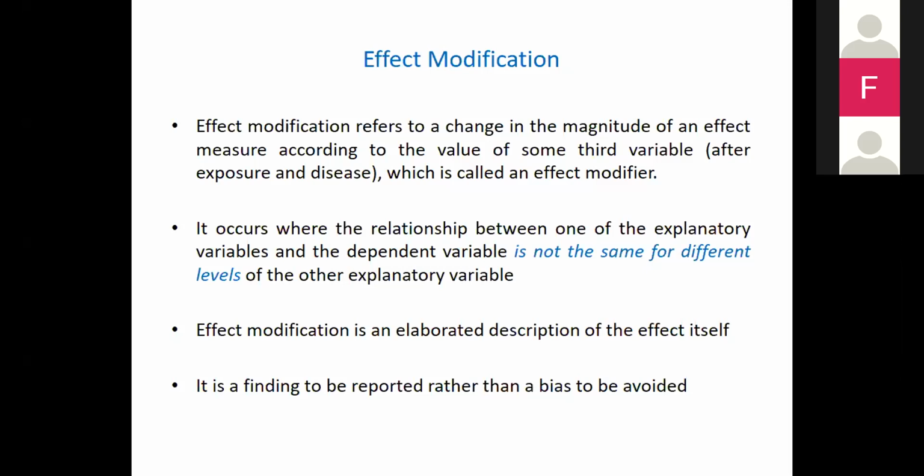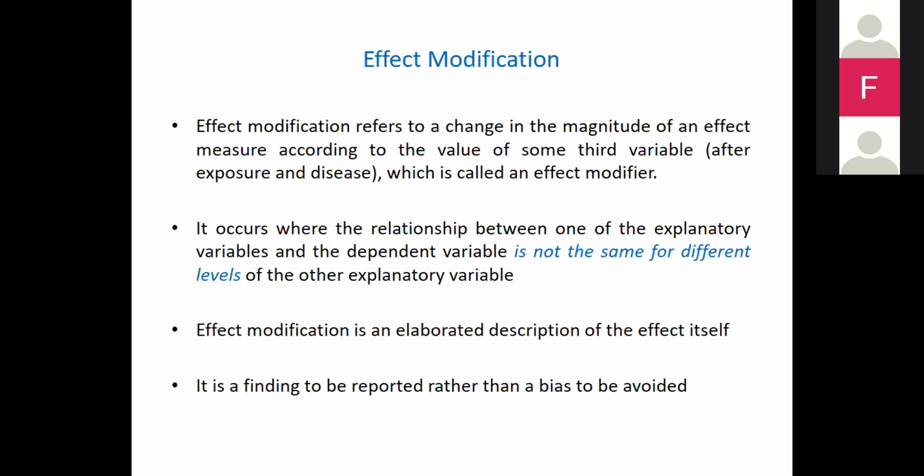If it is a modifier, what will happen is that if you split your analysis, you look at the relationship between obesity and cardiovascular disease for people that are less than 50 years, and in the other group, for the people that are more than 50 years. That is a stratified analysis.